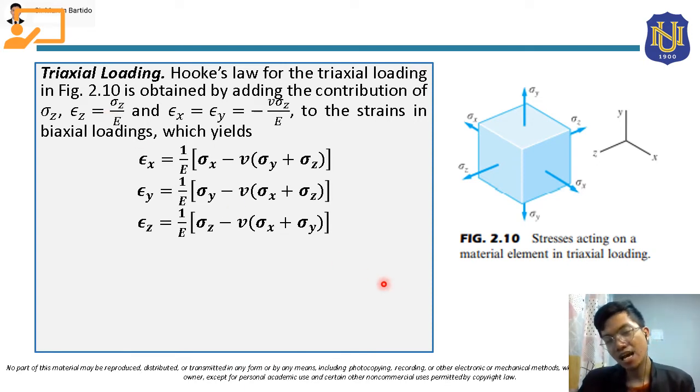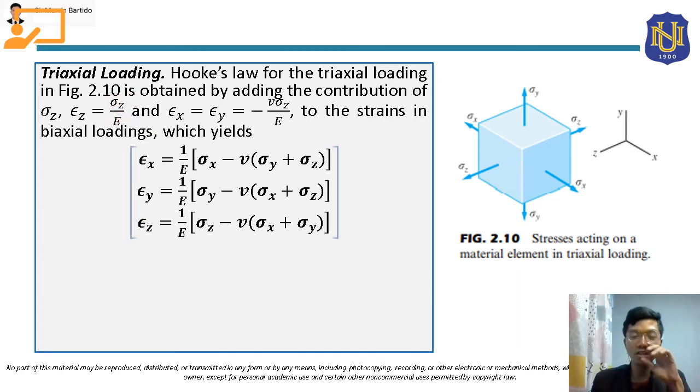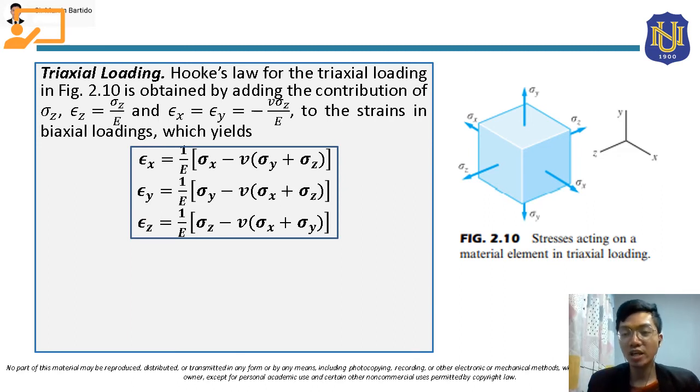In biaxial loading, our formula there is negative v over E times sigma x plus sigma y. Here we will just add this effect, sigma z over E. So these are now the formulas for strain in the x, y, and z directions for a triaxially loaded element.